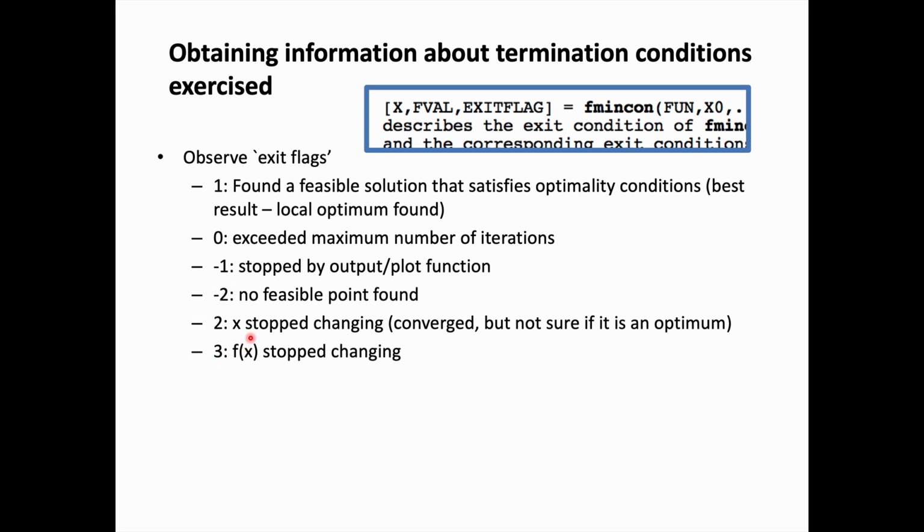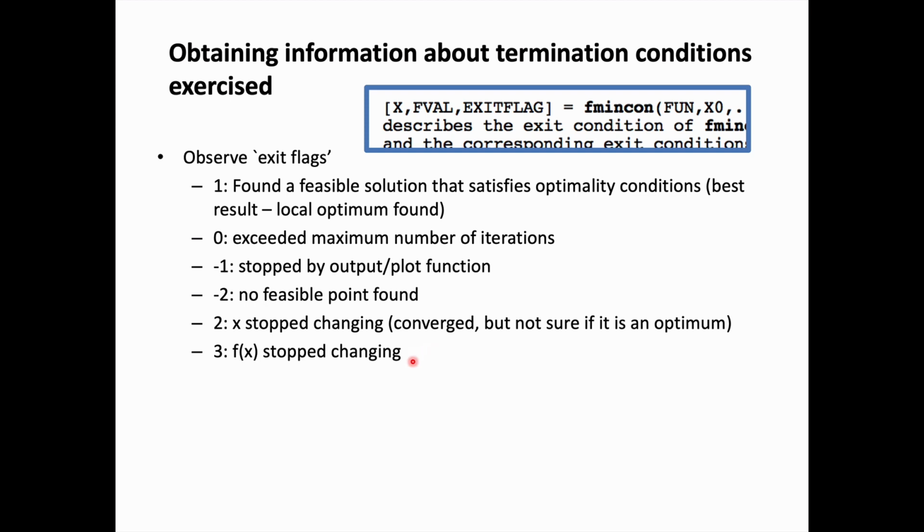Exit flags 2 and 3, these are the cases where we've actually converged, and that's a pretty reasonable result, but we're not sure whether it's an optimum. And so there are things that we can do to check the nature of the result here. We can essentially just have a look at the optimality conditions.